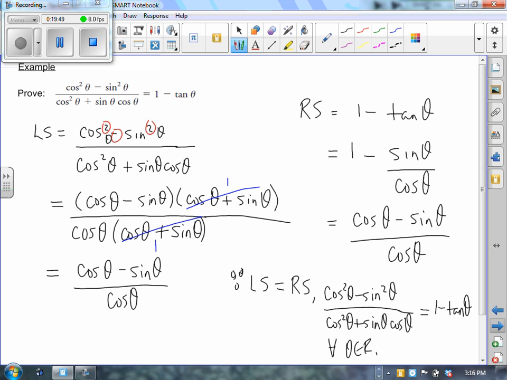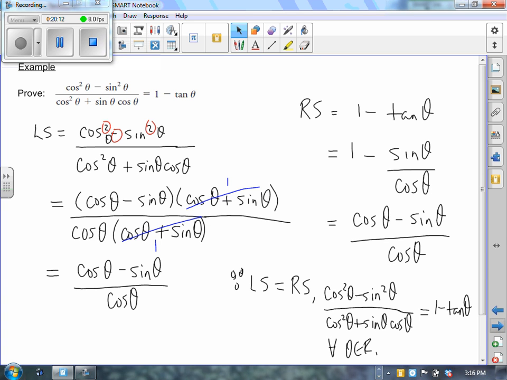The only thing that we would do in this case is understand that the expressions themselves are undefined at certain values, but the left and the right hand sides are undefined for the same values. Thus, we can say that the identity is true for all values of R.